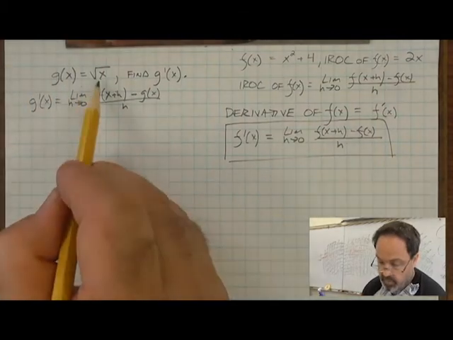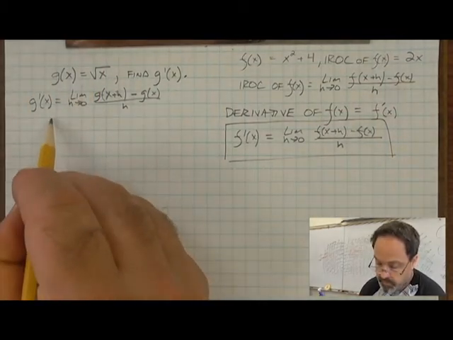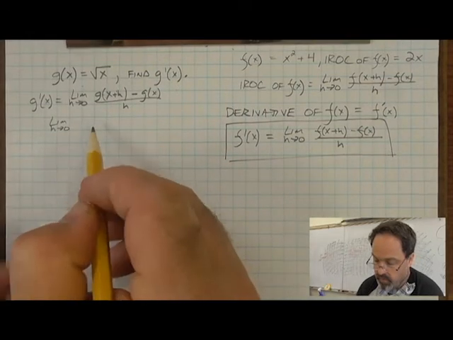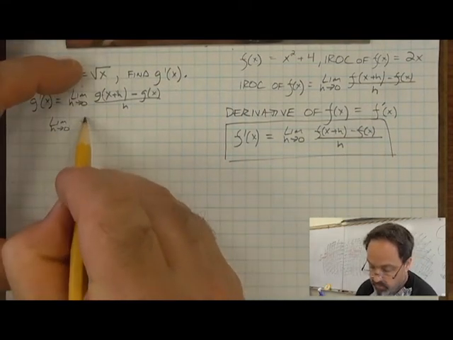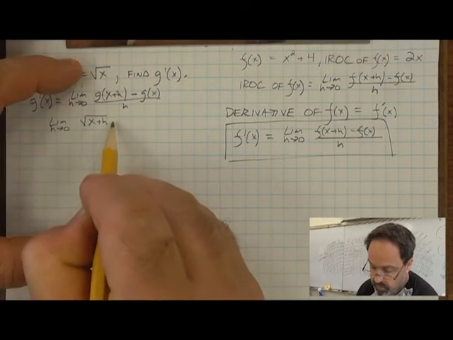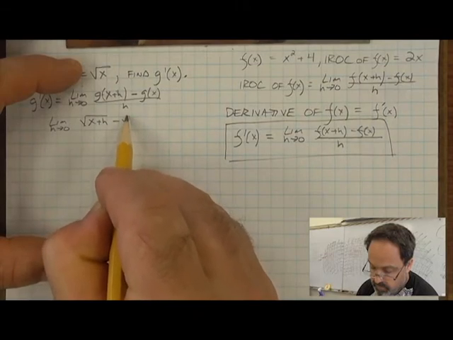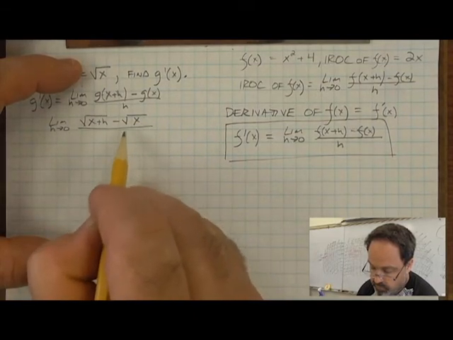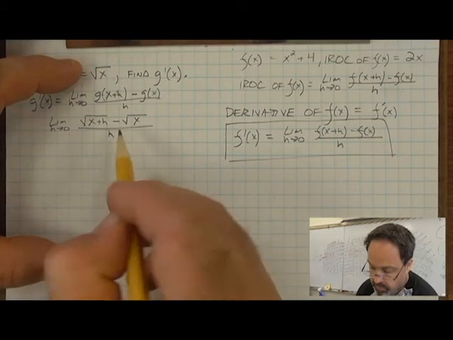And now let's apply the specific function. This will be the limit as h approaches 0 of the square root function, which we're calling g, composed with x plus h, minus the square root function g that we call g, square root of x all over h.